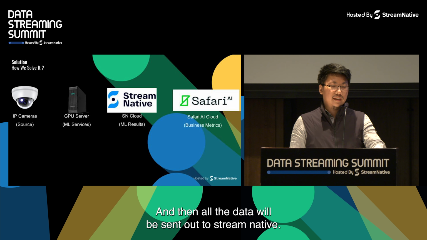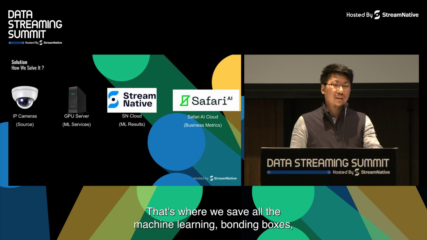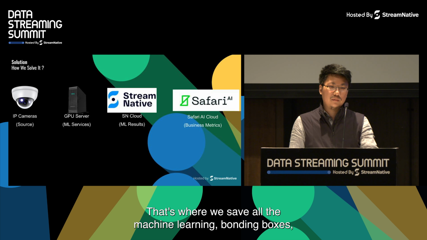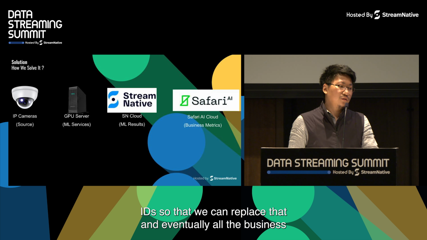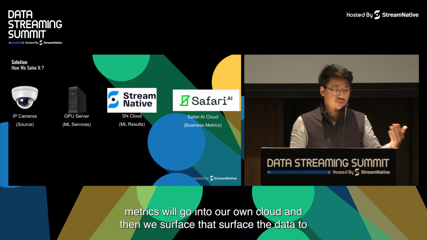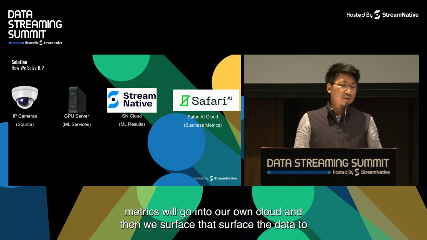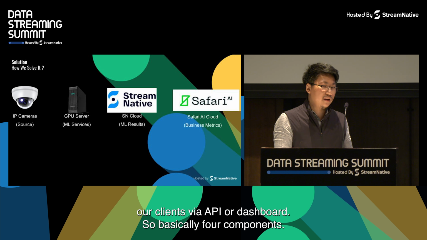Then all the data will be sent out to Stream Native. That's where we save all the machine learning bounding boxes and IDs, so that we can replay that. And eventually all the business metrics will go into our own cloud, and then we surface the data to our clients via API or dashboard.